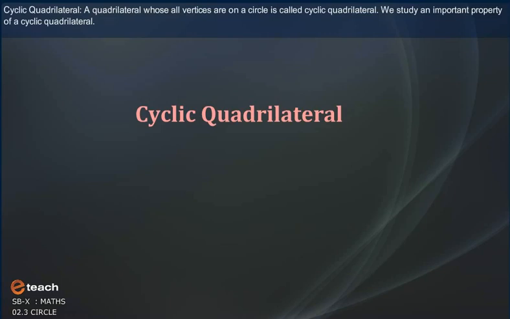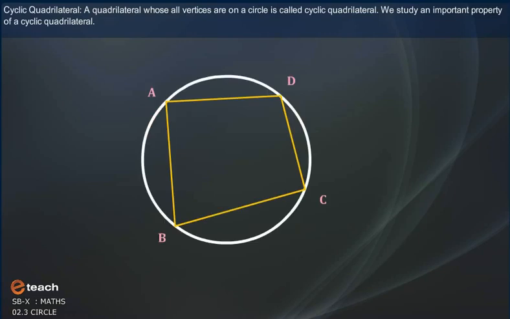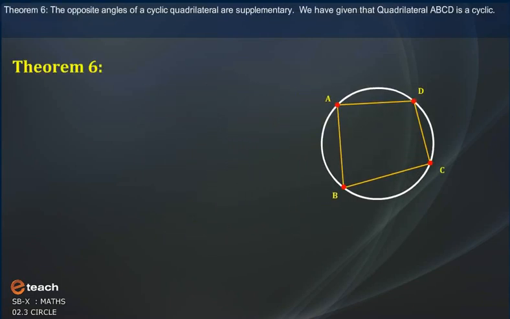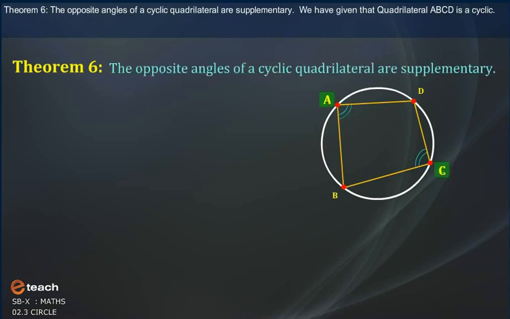Cyclic quadrilateral. A quadrilateral whose all vertices are on the circle is called cyclic quadrilateral. We study an important property of a cyclic quadrilateral. Theorem 6. The opposite angles of a cyclic quadrilateral are supplementary.